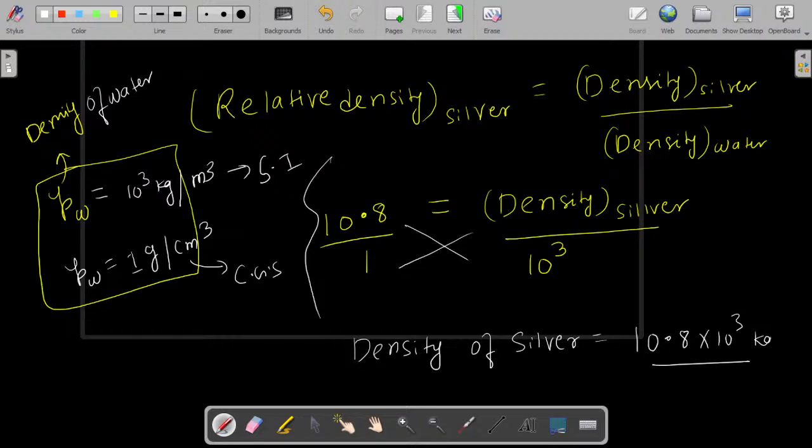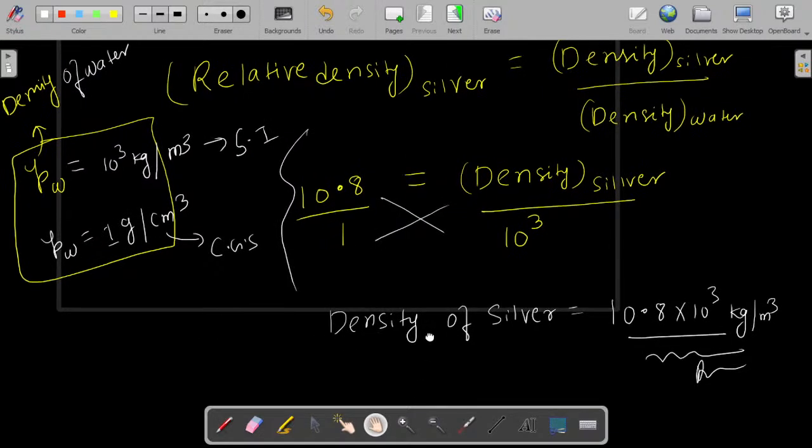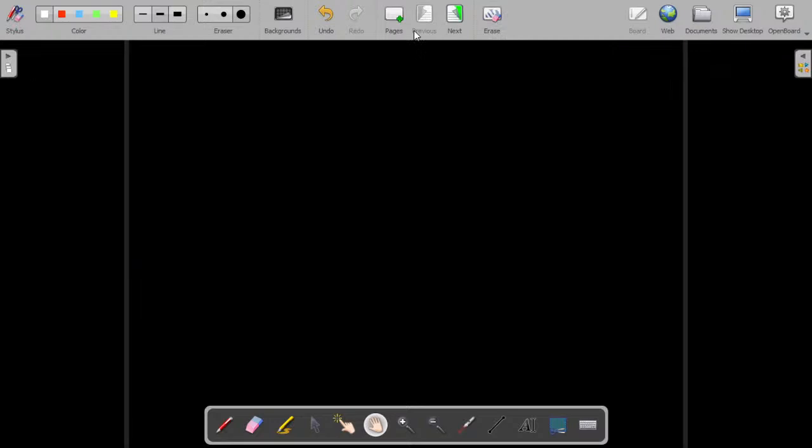This much kg per meter cube in SI. So this is the answer. Okay. Next question. Write down next question. Question number 4.